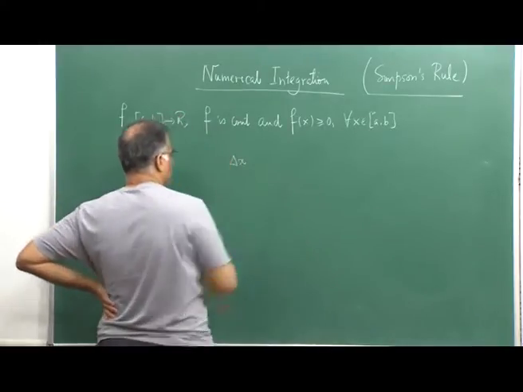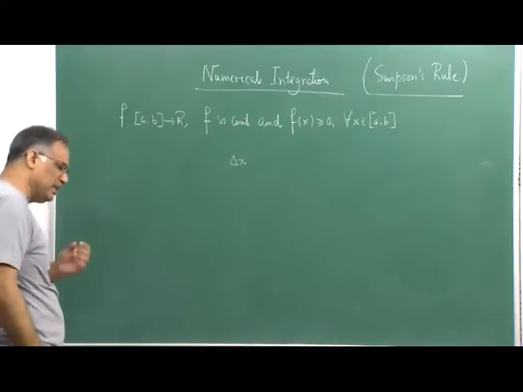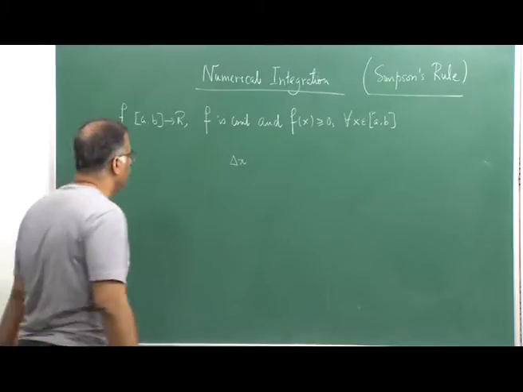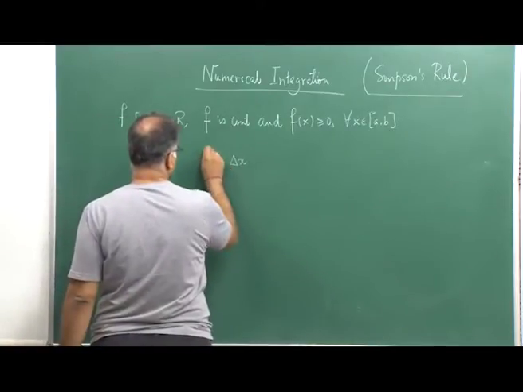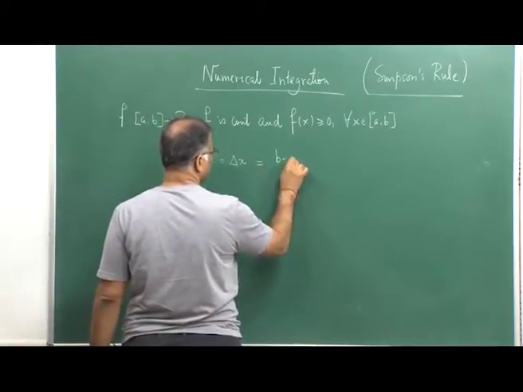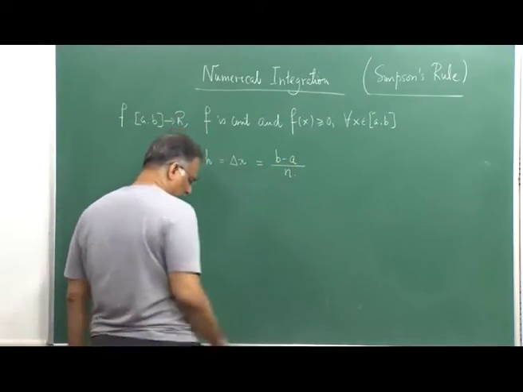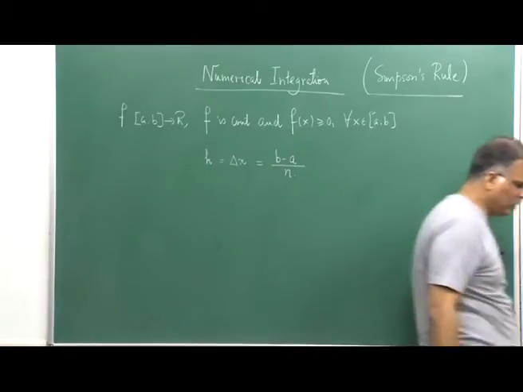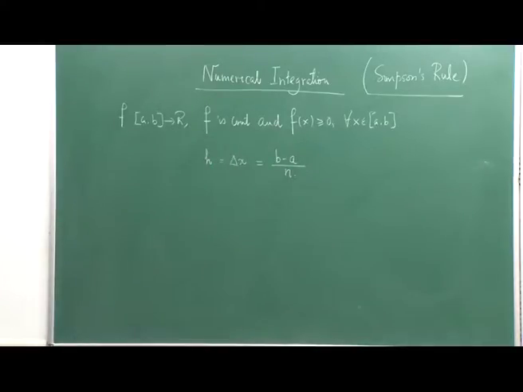For reasons of economy in the writing, we will write delta x as h here, the step length, which is again (b minus a) by n. But here our way of looking at things would be very different.